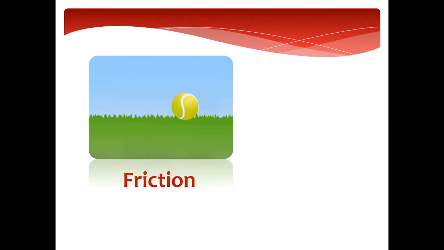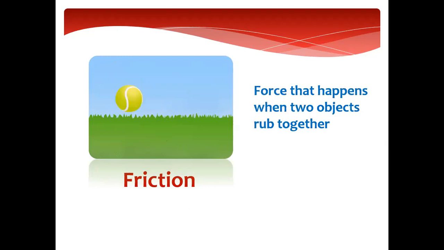The third force is friction. What does it mean by friction? Friction is a force that happens between two objects or two surfaces that are rubbed together.